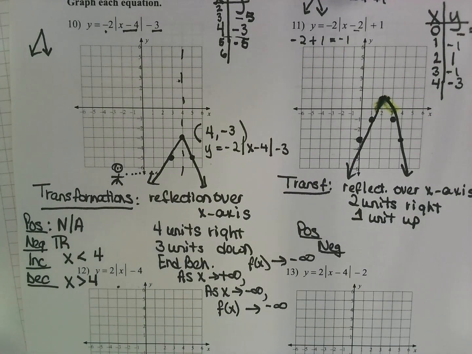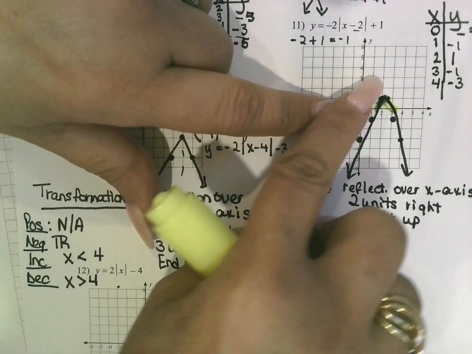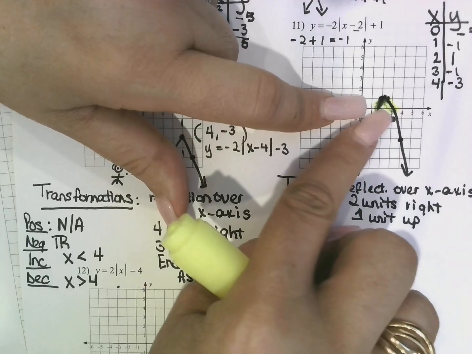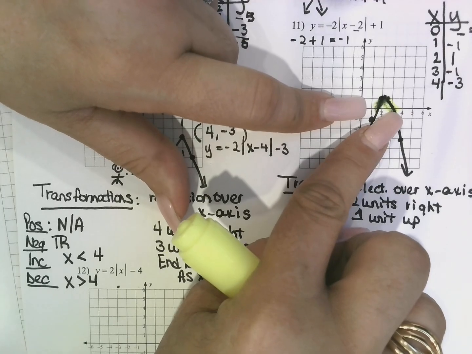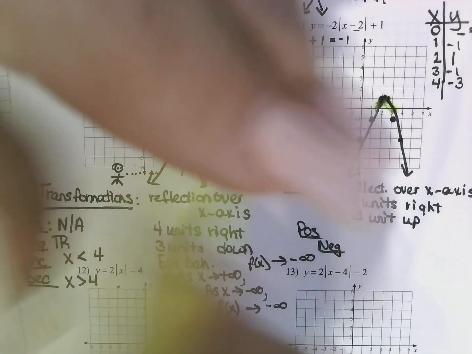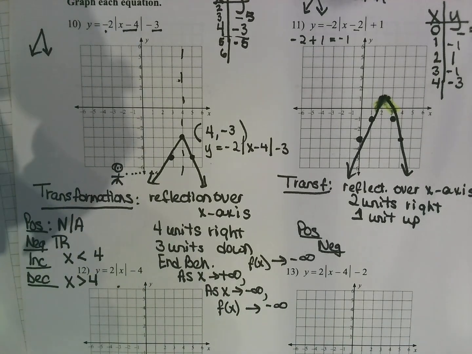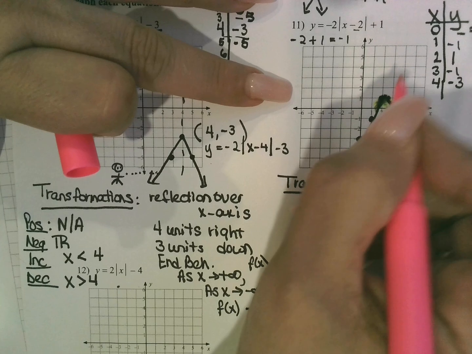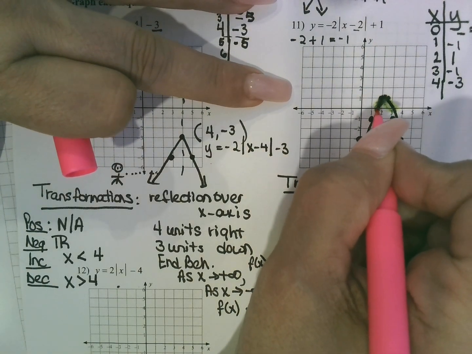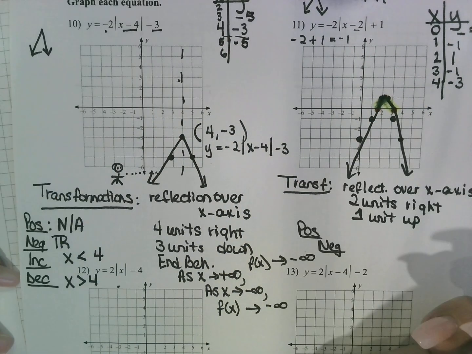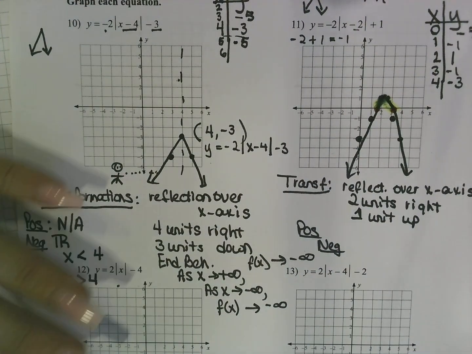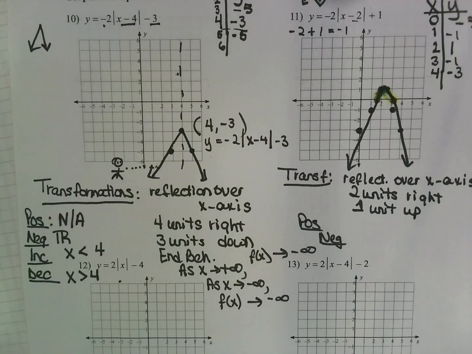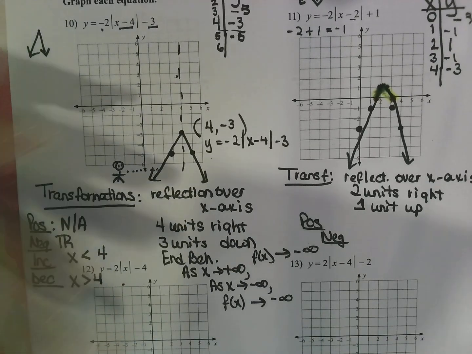Now, because it's positive up there, we're actually going to need to find these x-intercepts. Something that you should be familiar with from Algebra 1, but maybe you've forgotten. So we need to find out what these points right here are, because I don't know what they are right now from what I'm seeing. So how do we find the x-intercepts? I'm going to take you to another sheet of paper.